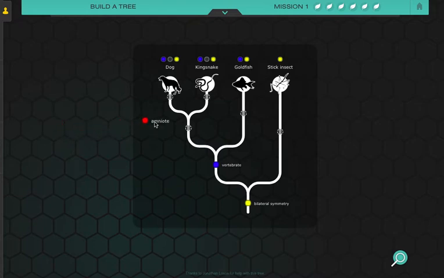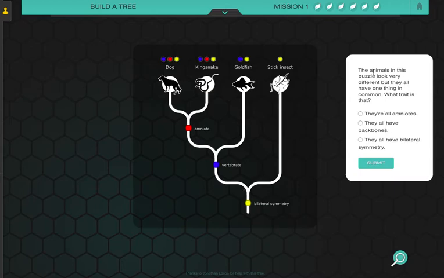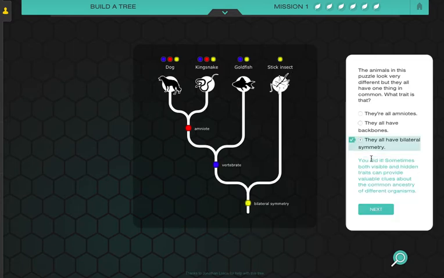Now my last trait is amniote, and I know that it goes to only these two, so I'm going to place it before the divergence, but after this one here. And there we go. The animals in this puzzle look very different, but they all have one thing in common. What trait is that? Let's go to the very first one here, because we're showing that it goes everywhere: they all have bilateral symmetry.